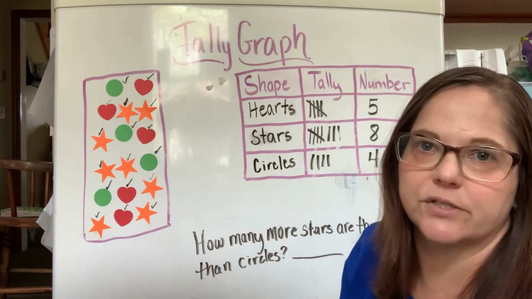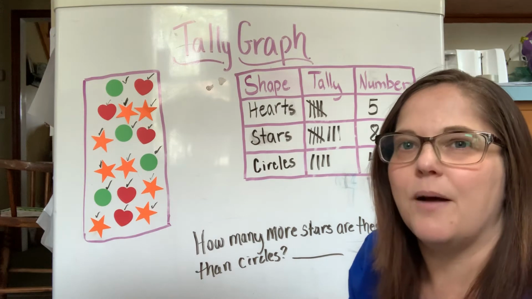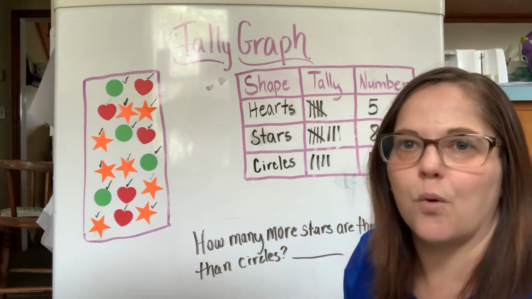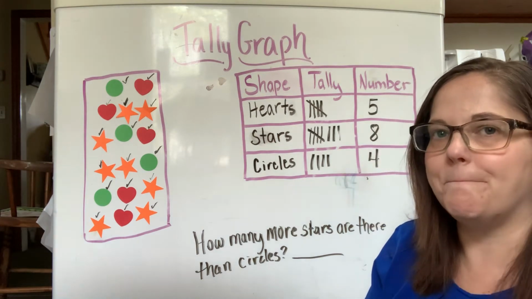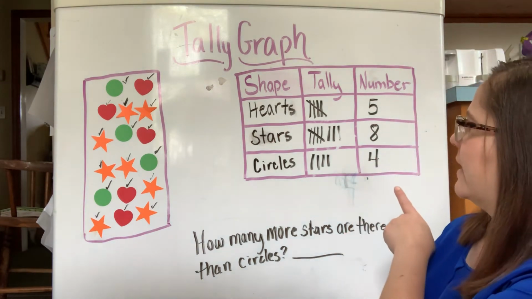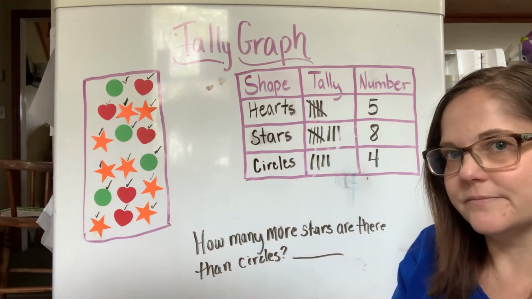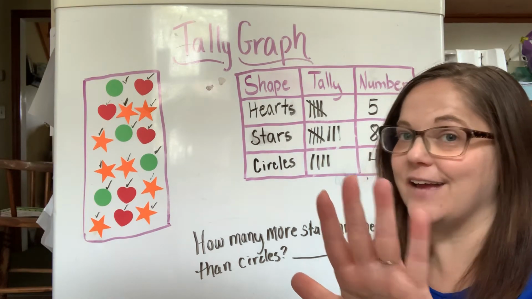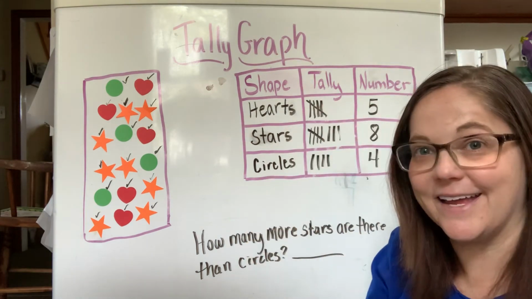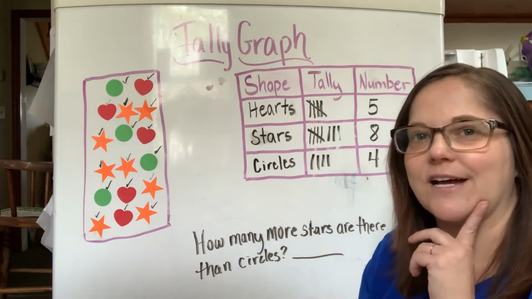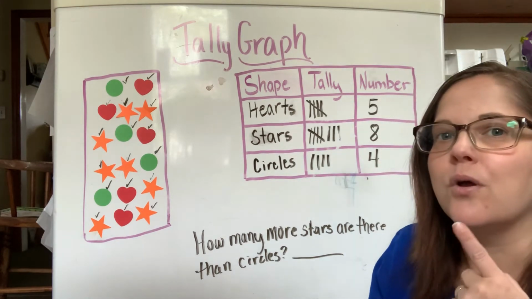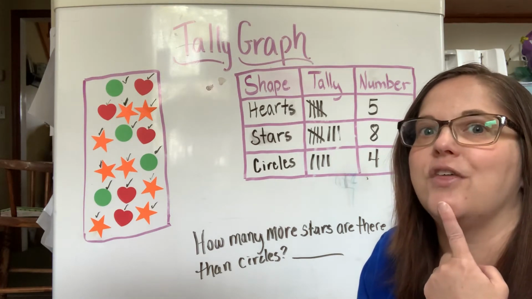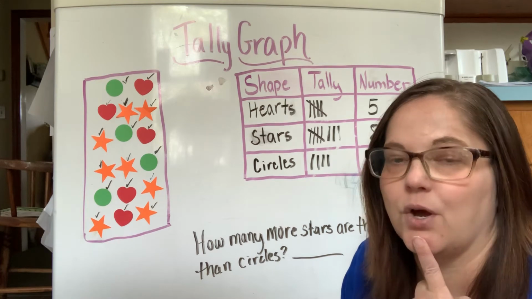So if I asked you a question, I said, how many hearts were on Mrs. Connolly's fridge? What would be your answer based on the data we collected? Did you say 5? Because if you said 5, give yourself a round of applause. You're right. What if I asked you this question? Which shape had the most?